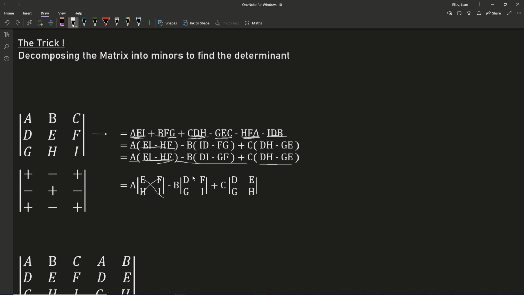Same thing here, and same here. So now we can re-express this 3 by 3 matrix as the addition of 3 2 by 2 matrices being multiplied by different terms.